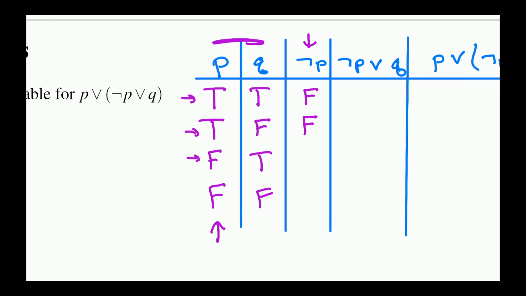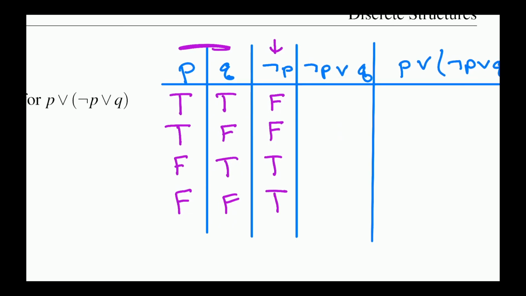And if P is false, not P would reverse it and it would be true. And if P is false, then not P would be true again because we would reverse it. And now you've got another column in your table. So then we move on.